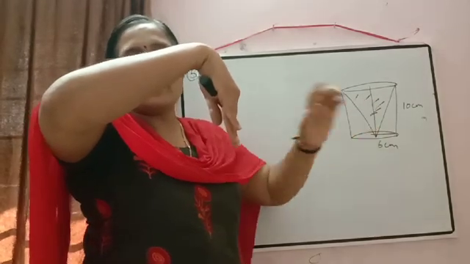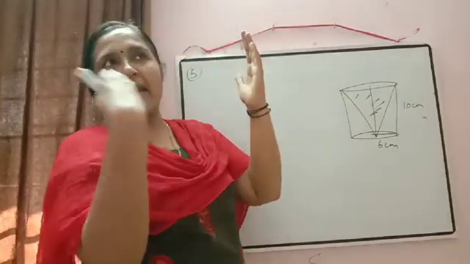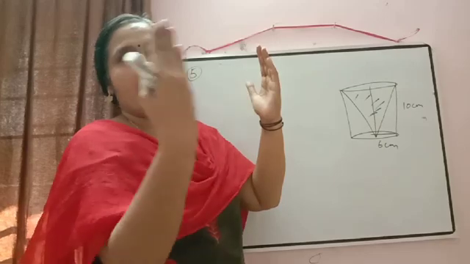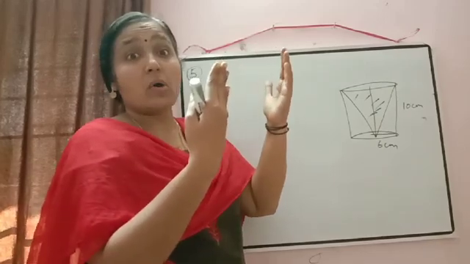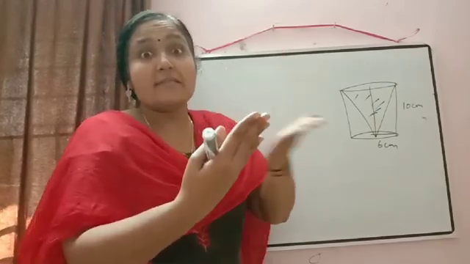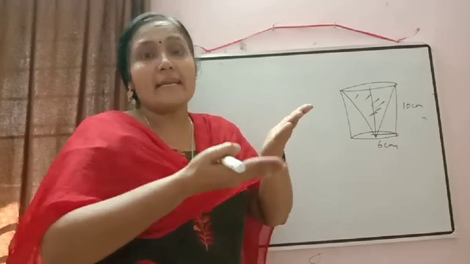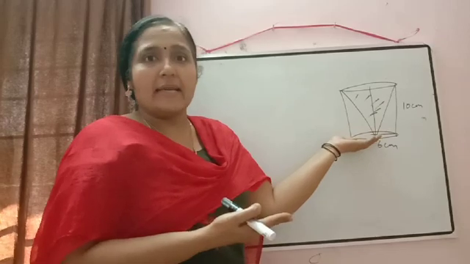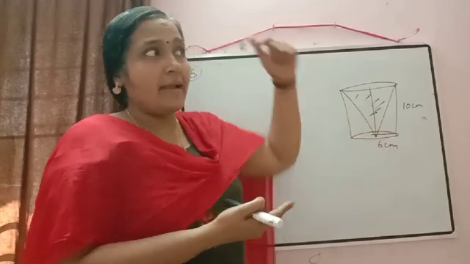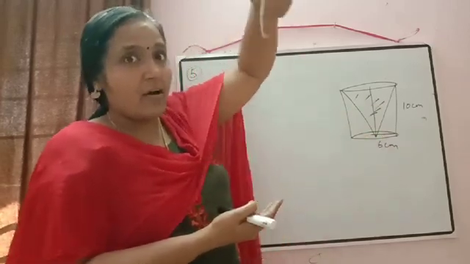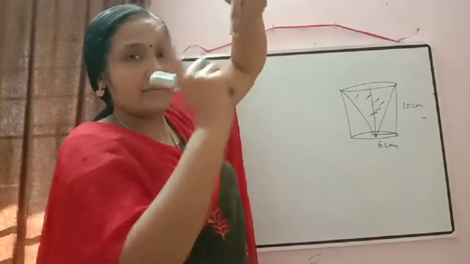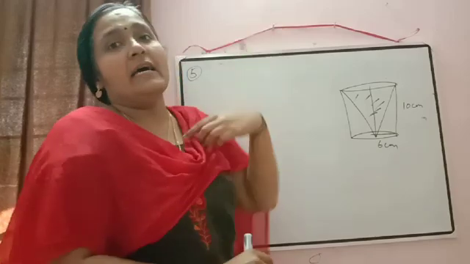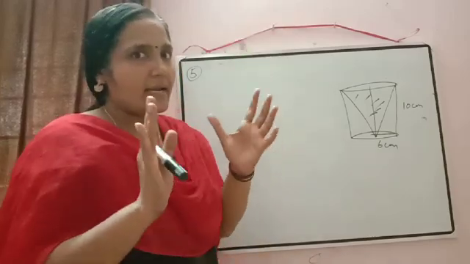Plus, if you come outside, you have to paint this area of cylinder, that is curved surface area of cylinder. Plus, it is a solid cylinder, so base is also solid. So we have to paint that area also, that is base area of cylinder. So what are the things we have to paint? Curved surface area of cone, curved surface area of cylinder plus base area of cylinder. Clear how we are getting this one?